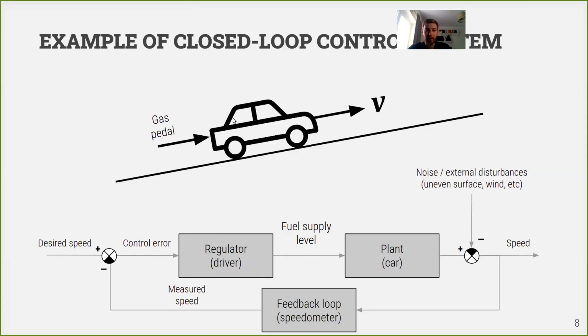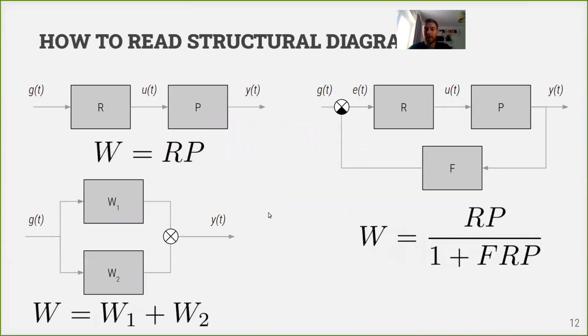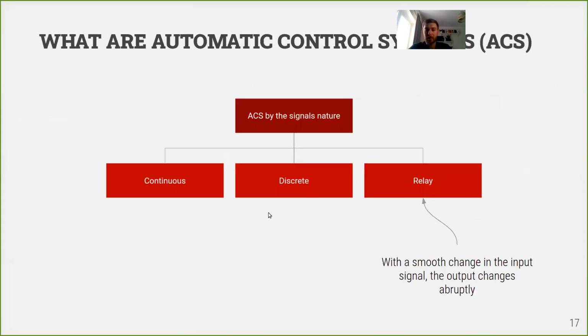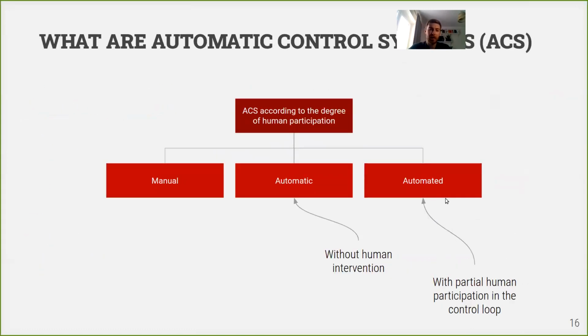As we said, our gas pedal transforms to some electronic signal, in modern cars at least, and then this electronic signal transforms to the fuel supply level to our engine, and so on and so forth. So apart from the person, there is a huge signal transformation path in this system, and that is why it's not purely manual. It is automated. Parts are made by the person, parts are made by automatics.